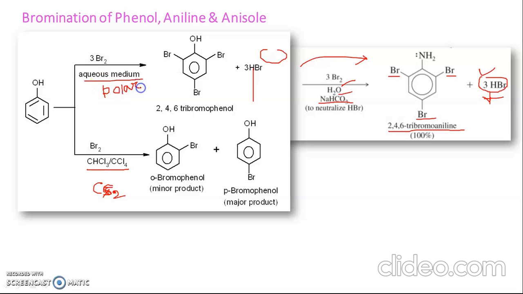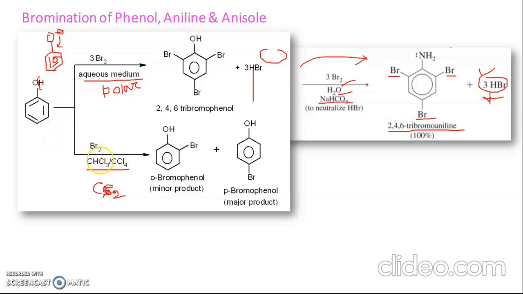So when it is in aqueous medium, what happens? Phenoxide ion is generated, because in aqueous medium, as it is a polar solvent, the OH bond can easily be broken and O minus is generated. Now when O minus is generated, it is very active, it will activate the ring by taking part in resonance with the double bonds in the benzene ring.